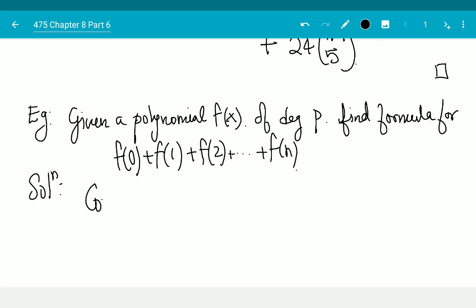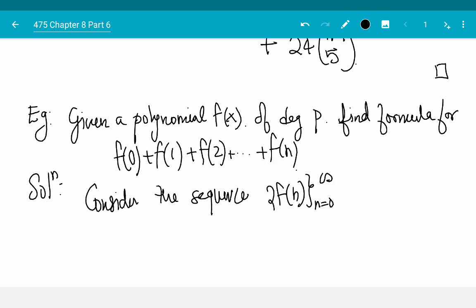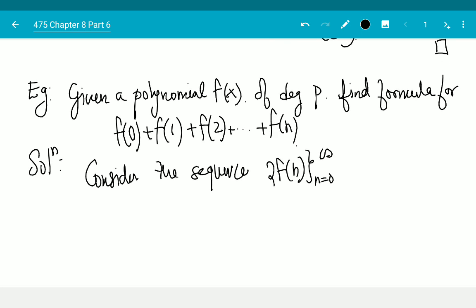Consider the sequence f of n, n is equal to 0 to infinity. Let Cn, n is equal to 0 to infinity, denote its diagonal sequence.